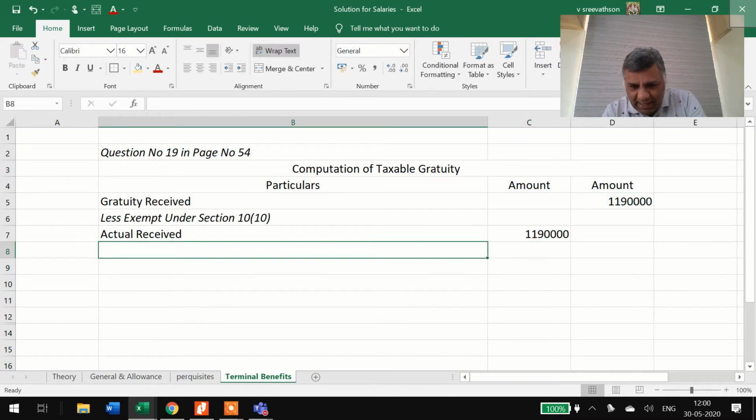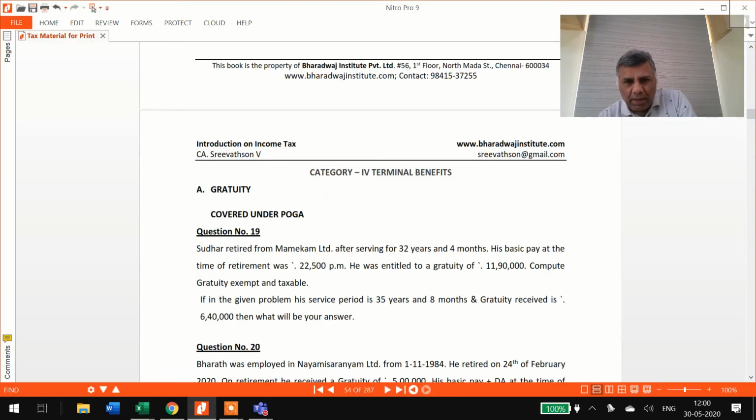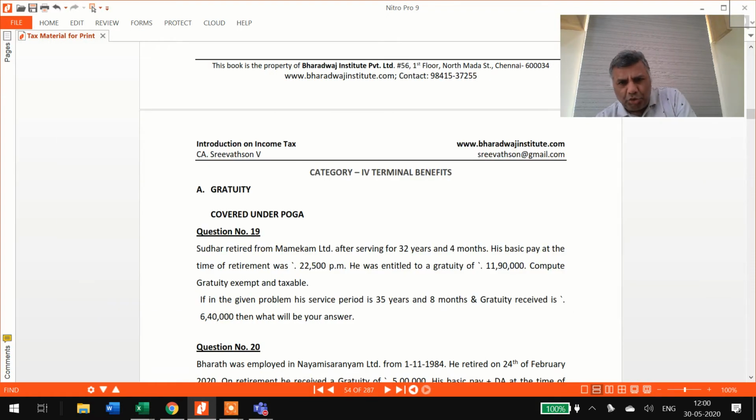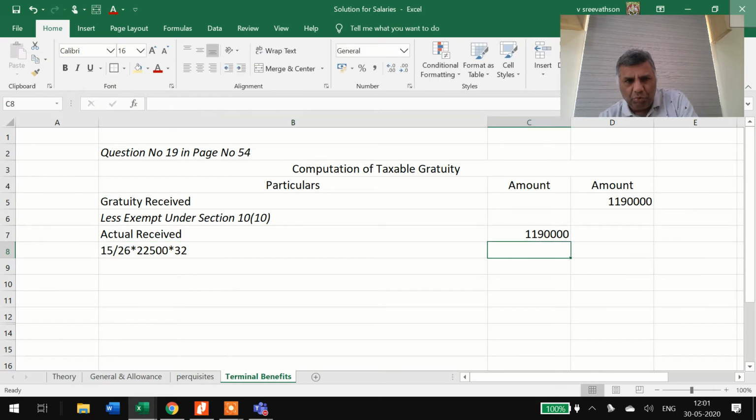Understand the second as a formula, 15 by 26 into 22,500 into, he has completed 32 years and 4 months, so I will take 32.